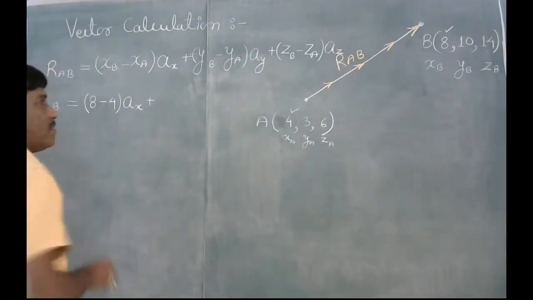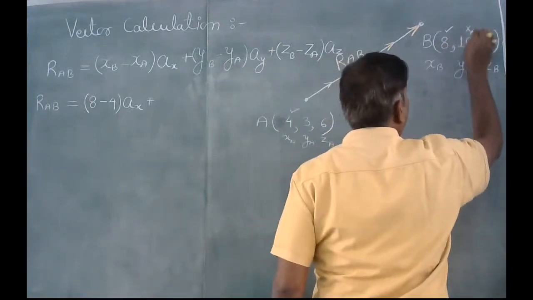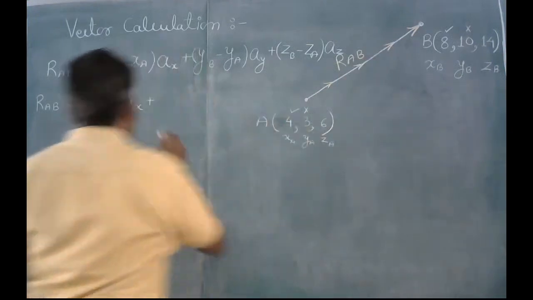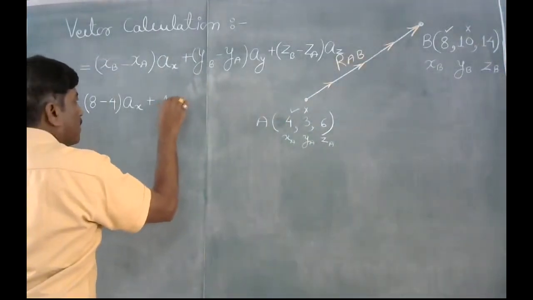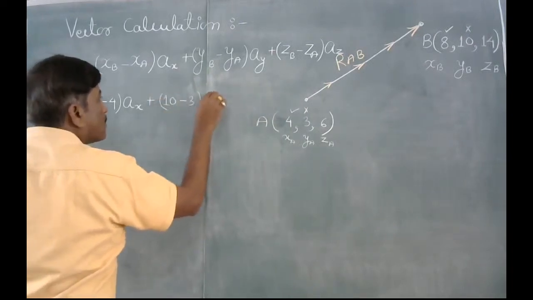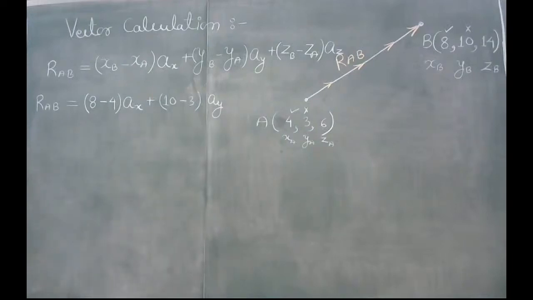Then similarly we have the y coordinate: 10 minus 3, ay, where ay is the unit vector in the y direction.